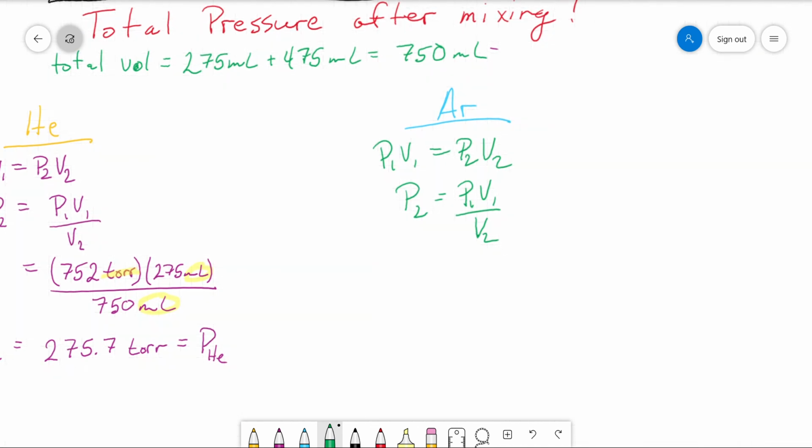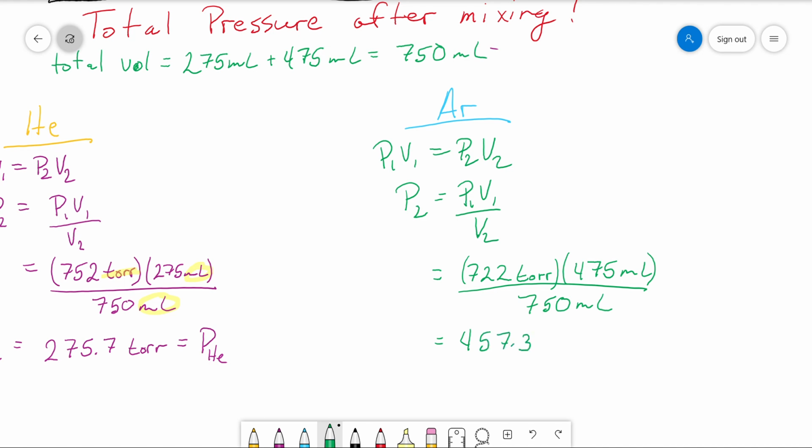Okay, plug in the numbers, and we have 722 torr, which, by the way, a torr is the same thing as a millimeter of mercury, 475 mLs, new volume, 750 mL. That works out to be 457.3 torr, and I'm going to call that P sub argon.